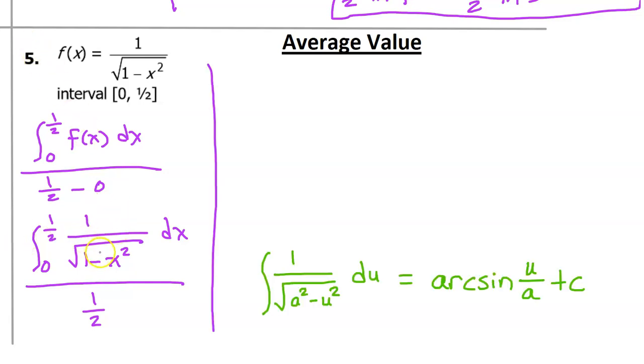This integral is a perfect match for the arcsine rule, where the u value is just x and the a value is 1. So the integral of 1 over the square root of 1 minus x squared will be arcsine u over a.